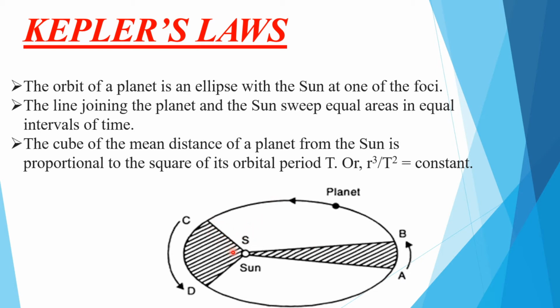So this mean radius R cubed is directly proportional to the square of its orbital period, that is capital T square. We can write it as R cube upon T square equal to constant.